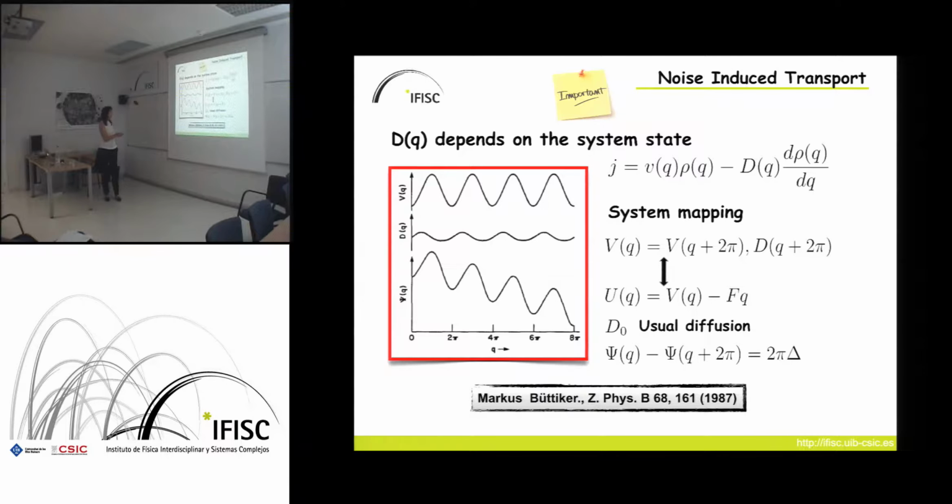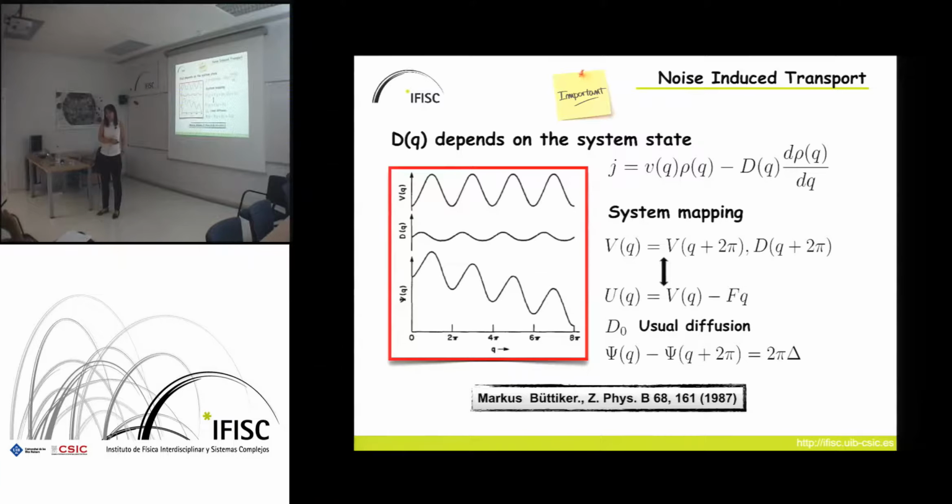So this system with a state-dependent diffusion can be mapped into another problem that contains a driving force and a usual diffusion that doesn't depend on the state. But you can only do that in one dimension. Yes, well, yes. I assume that is.